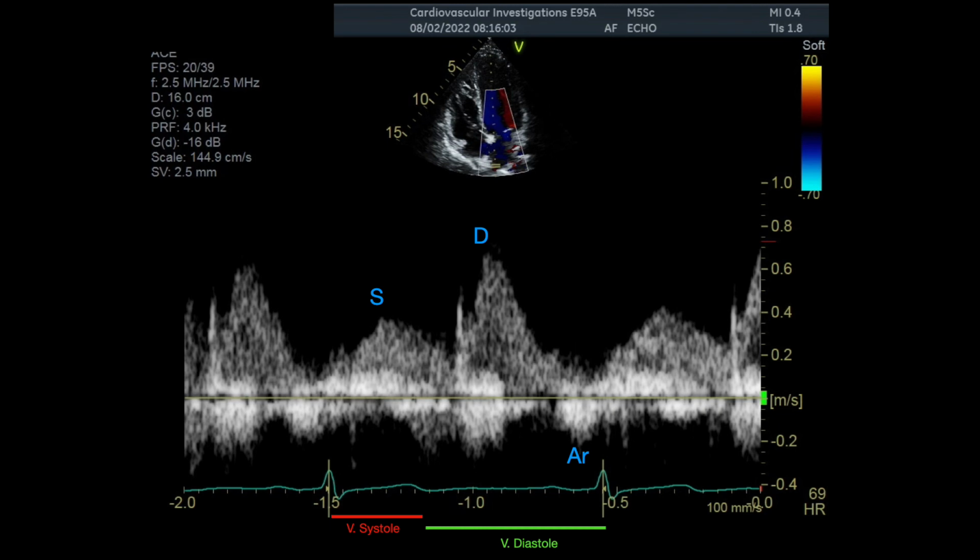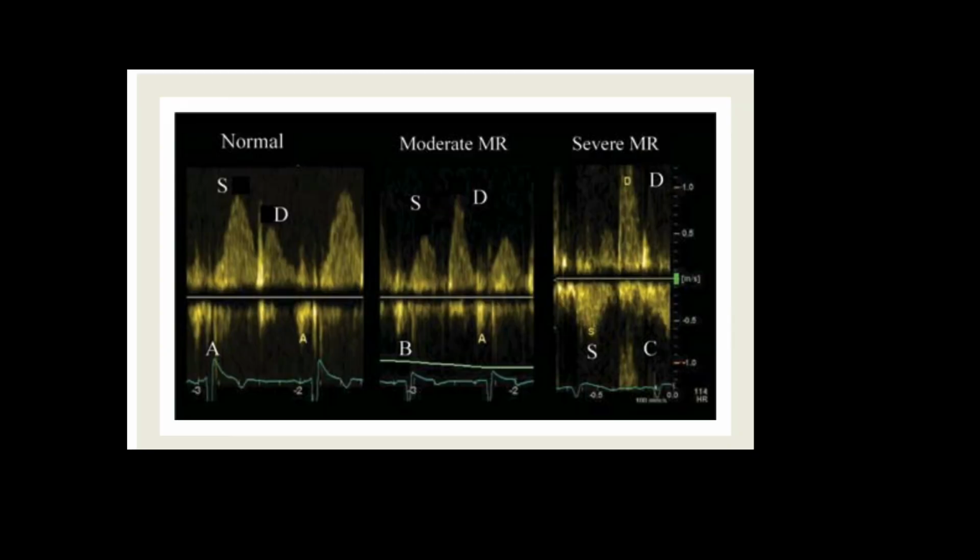The pulmonary vein flows can be helpful in the assessment of MR. As MR severity increases, the S wave decreases, and in severe MR, this culminates in systolic flow reversal at the pulmonary veins. And you can see here, so this would be more consistent with an older person pulmonary vein flow. So the S wave predominates.